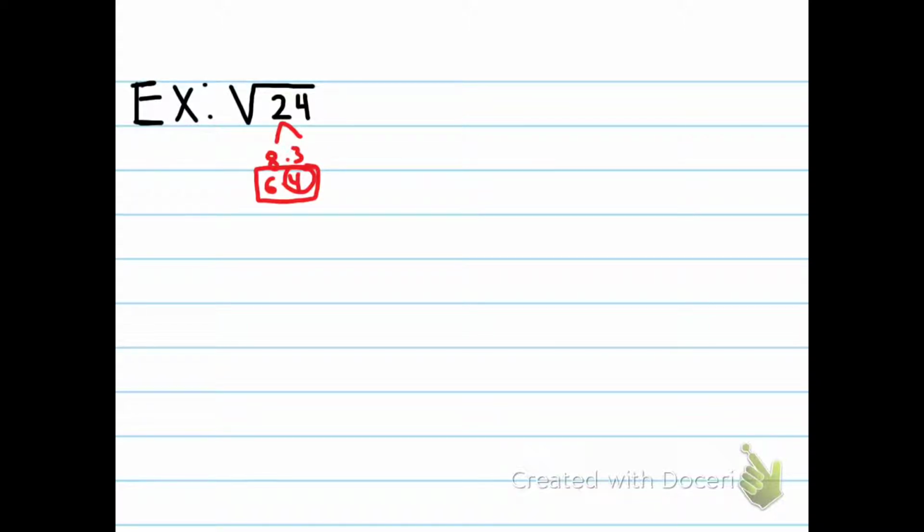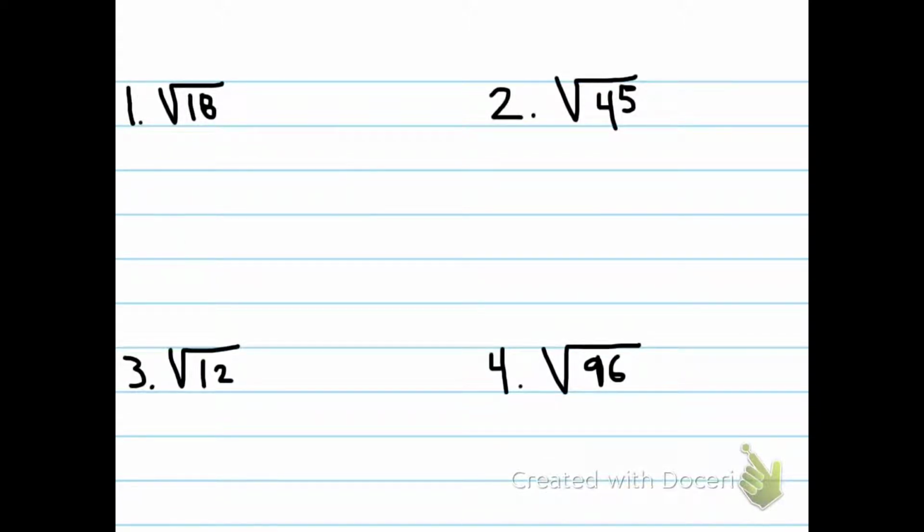You put the 2 on the outside, and since there's a 6 left, you keep that on the inside. So your answer is 2 root 6. You can check that by multiplying 2 times 2, which equals 4, and then multiplying that by 6 and you get 24.